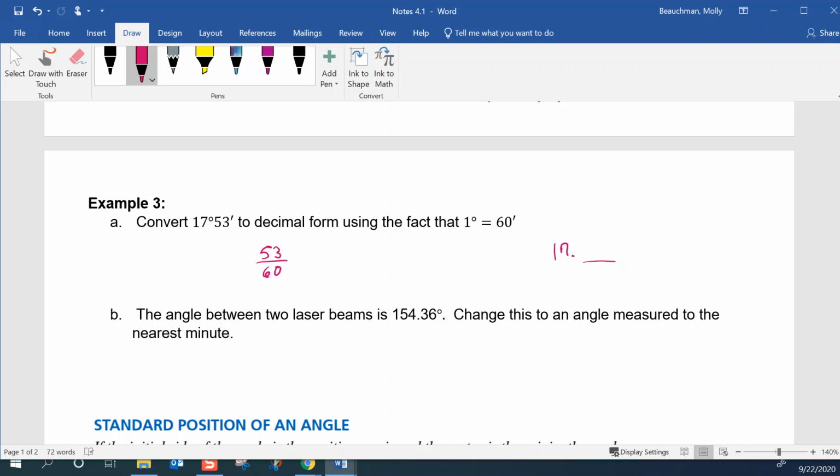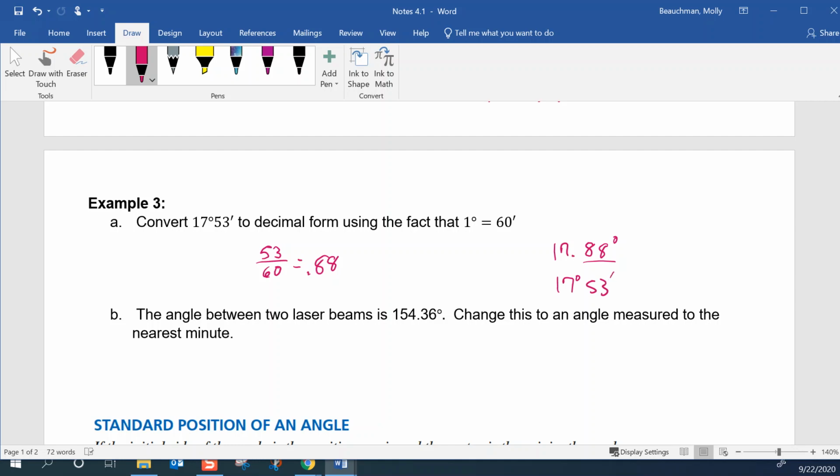So we take 53 and divide it by 60. When we do that, we end up with 0.88. So our degree measure in decimal would be 17.88 degrees, which is the same as 17 degrees, 53 minutes.